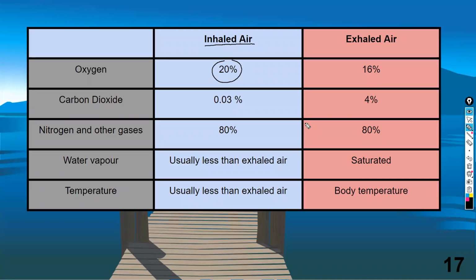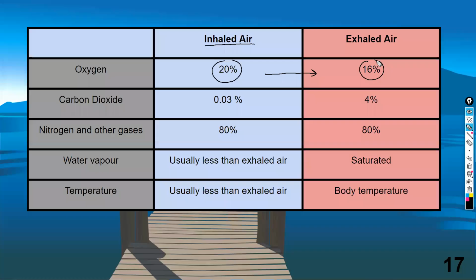Now, obviously, when you breathe in the oxygen, which is in the air, your body is going to steal that oxygen because the body wants oxygen. So when you're breathing out, you notice some missing. How much percentage went missing?